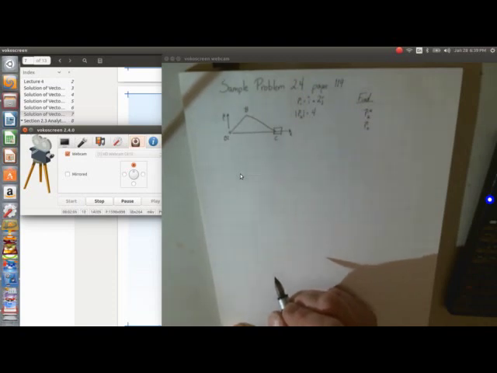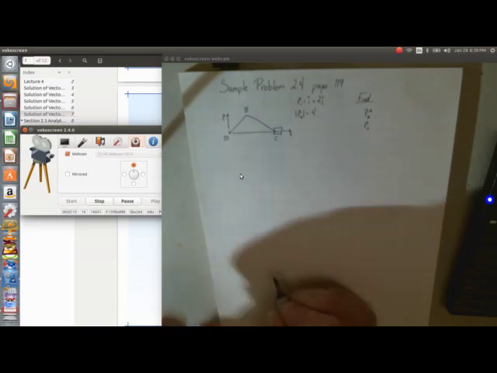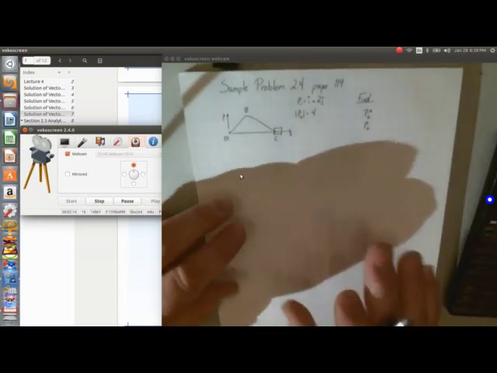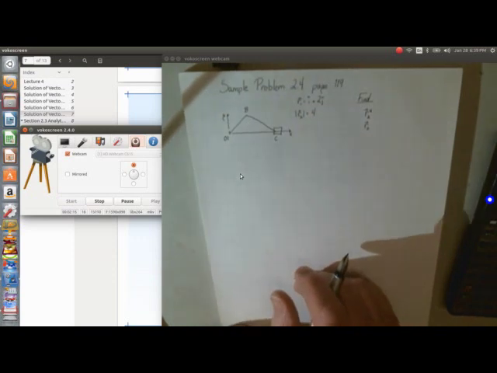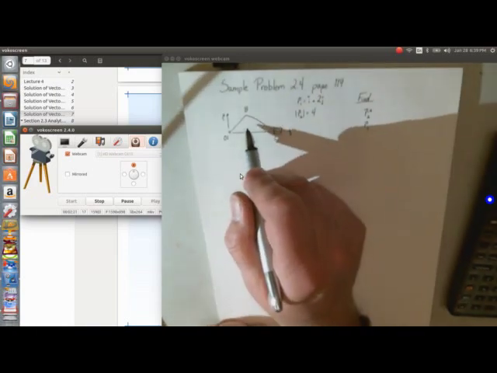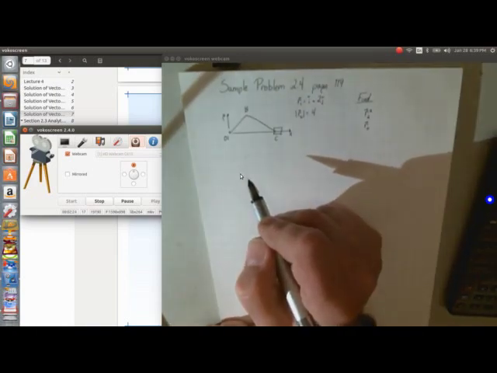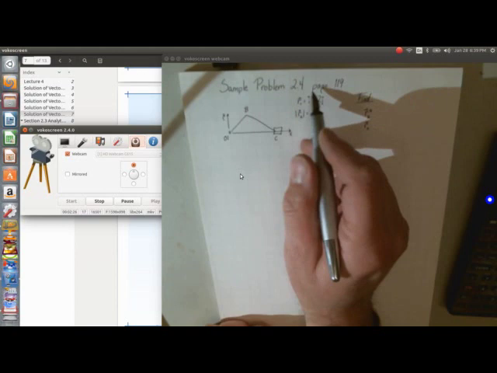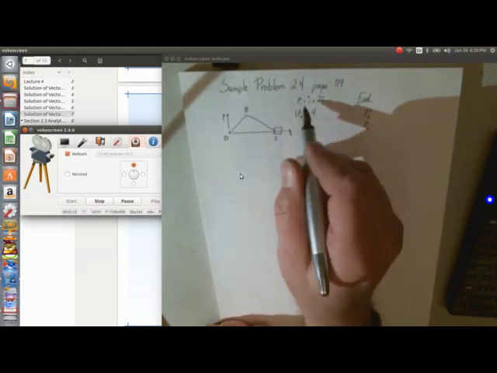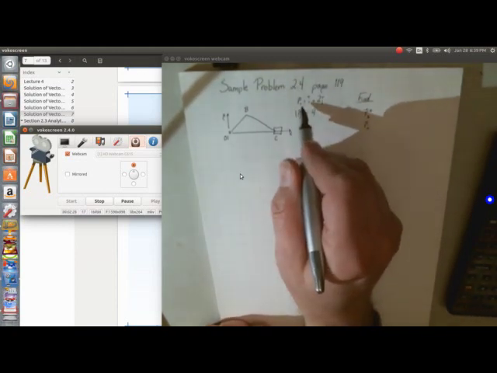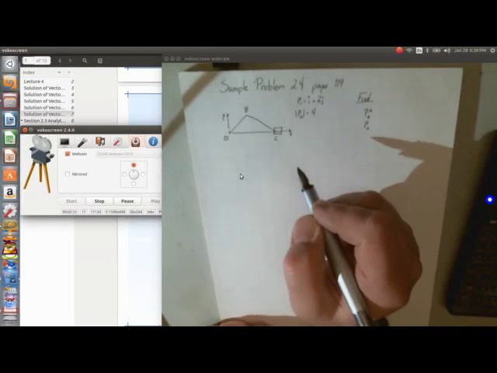So, a couple of things are worth discussing immediately. We always want to start by not panicking, and then we want to do something easy. Doing something easy in this case can consist of drawing our system, and also maybe playing around a little bit. r sub 1 is equal to i plus 2j. What does this mean?